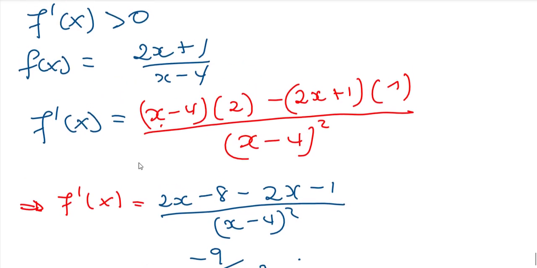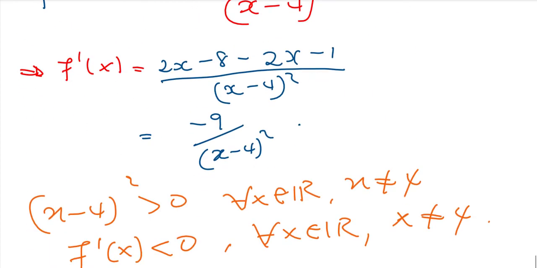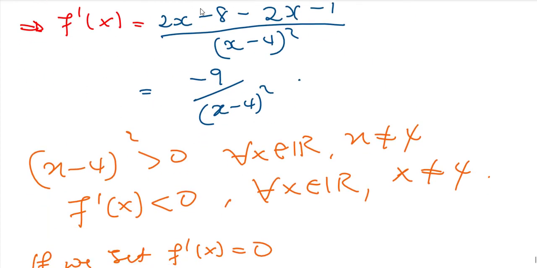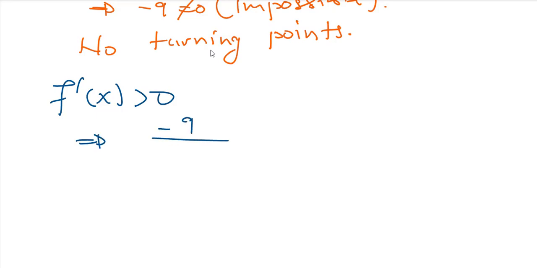Now if we resolve in solving this inequality f prime of x strictly greater than 0, I want to get some certain regions. So if we solve the inequality f prime of x strictly greater than 0, it means we will have negative 9 divided by x minus 4, all of that squared, strictly greater than 0.